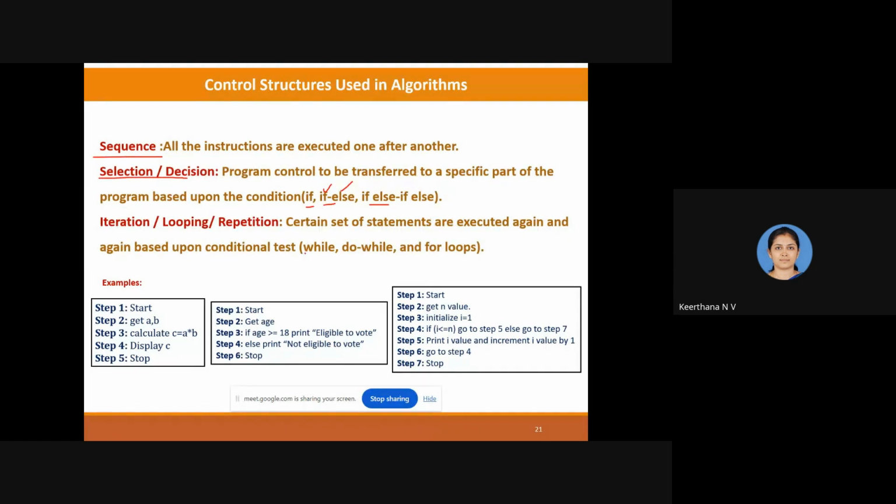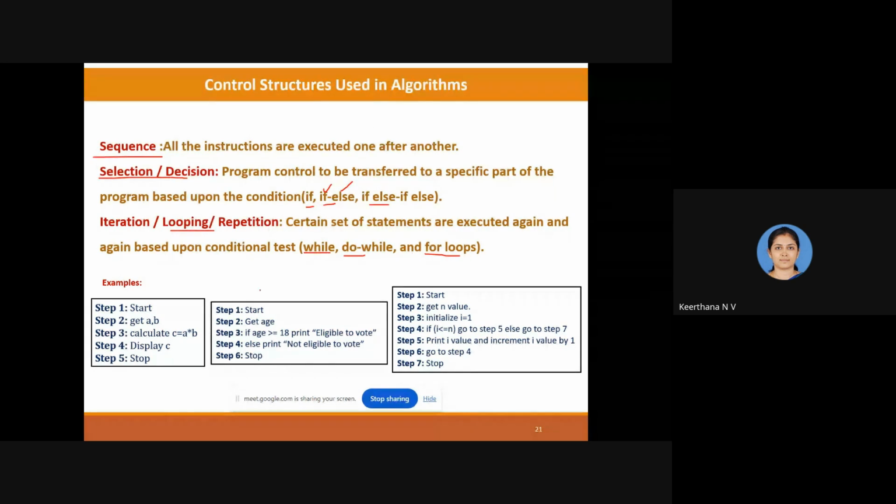Iteration means if you want to perform the functions repetitively, that is known as while. For example, iteration functions use while and do while, and looping means for loops. For loop means if you want to print a number from 1 to 10, you will be incrementing the numbers. For those things, you will be using these for loops.